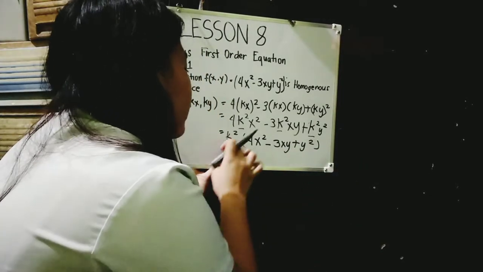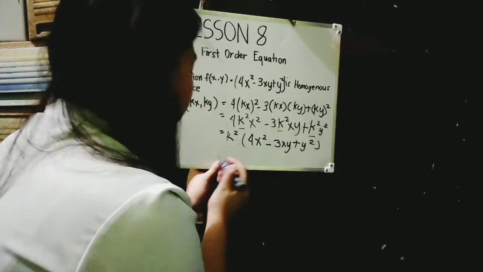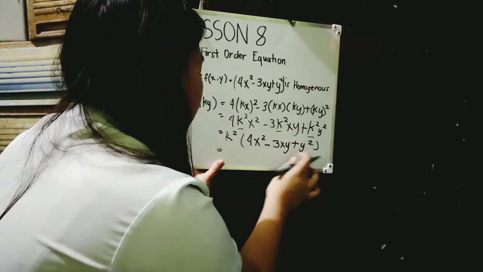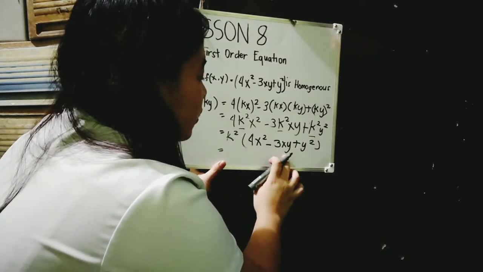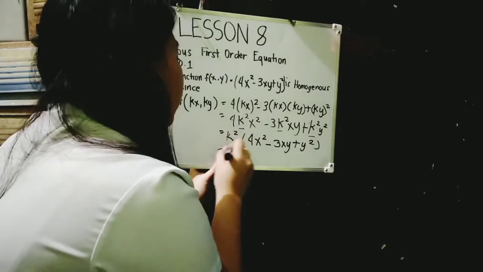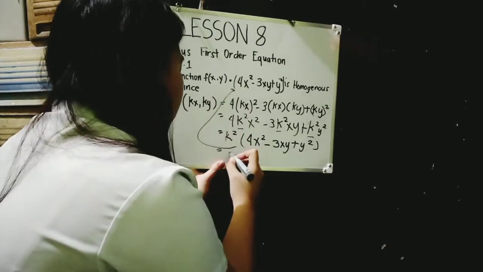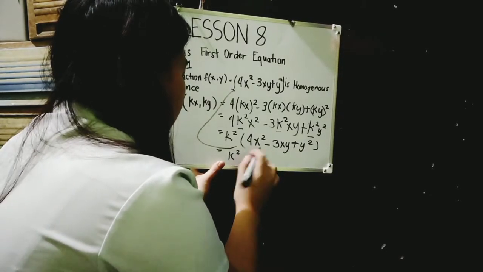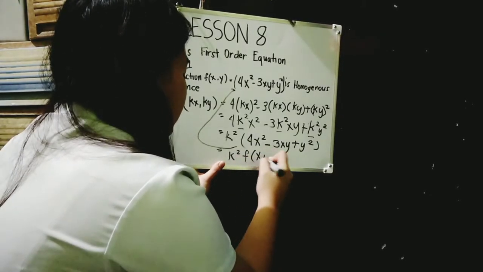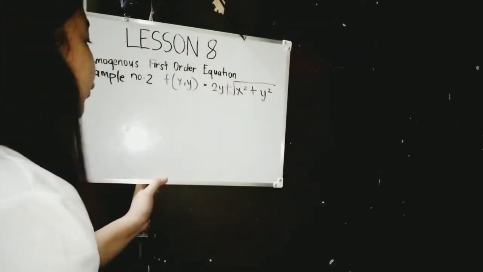Kaya natin siya nilabas kasi ito yung common nila. So, ang sagot would be k squared times 4x squared minus 3xy plus y squared. Yun yung kanina. So, tama tayo na homogeneous yung equation. So, magiging k squared f, x, and y.